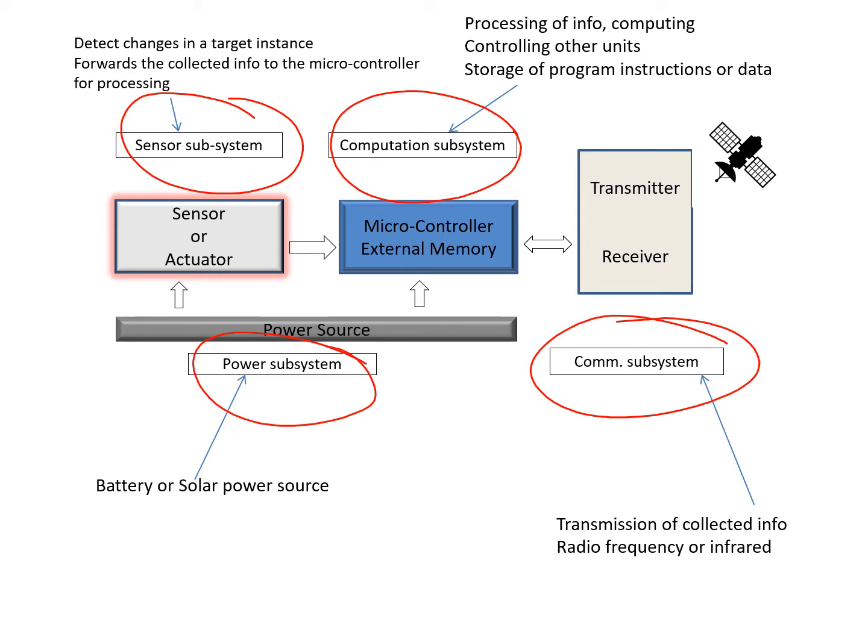Okay, so here we have the sensor, and this will be fed by the power source, but the power source will also feed the microcontroller. So this will collect data and send to the microcontroller or external memory for storage, or for transmission to other central storage system, for example. Okay, so you can look at the details on your own.